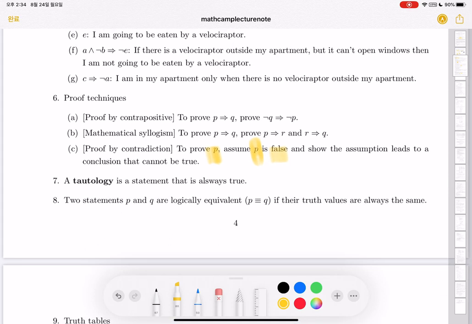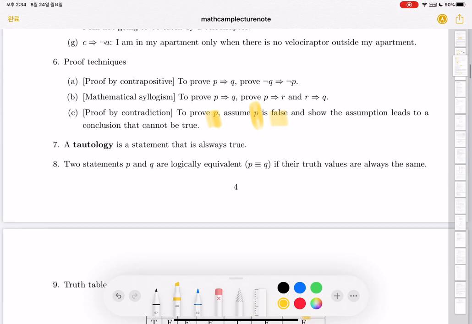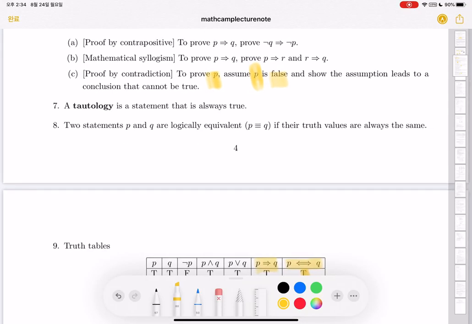A tautology is a statement that is always true. The two statements P and Q are logically equivalent, we write this way, if their truth values are always the same.